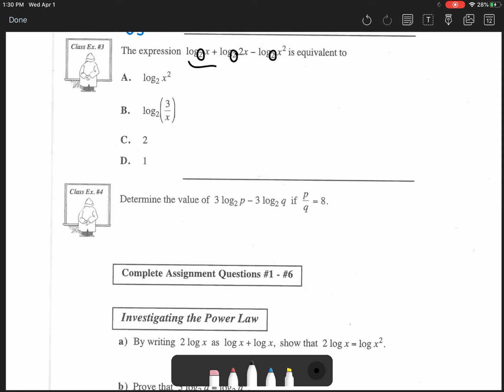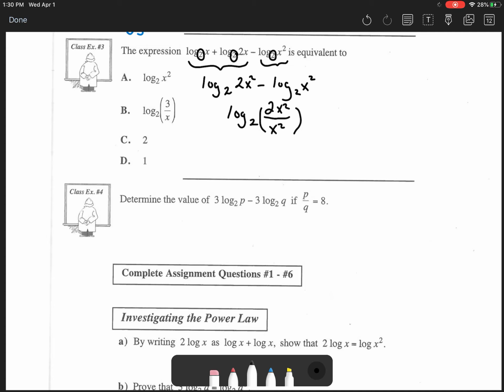So again, I am adding and then subtracting, so I'll deal with these two first. That'll give me log base 2 of, now I have to multiply x by 2x, so that's 2x squared. Now I still have to subtract this, which is log base 2 of x squared. So at this point I'm subtracting log expressions with the same base, so you're going to divide the arguments like so.